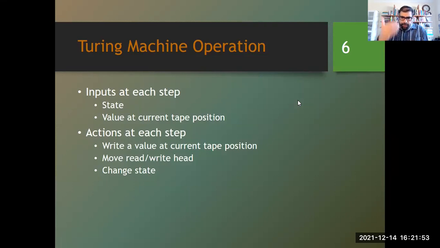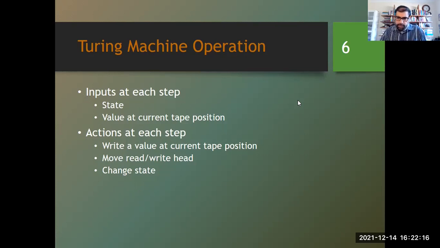And then you apply those operations, the actions at each step, right? So what new value is to be written, whether you want to keep the same value or change it or delete it, and then you move the read-write head left or right, because now you have completed this step.